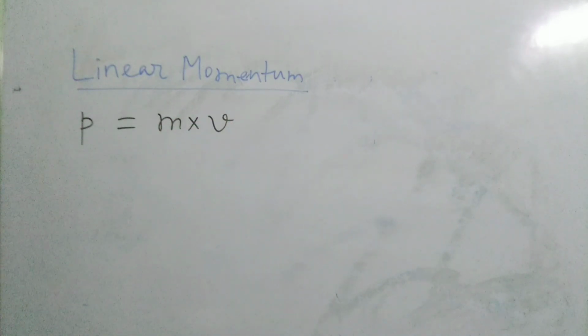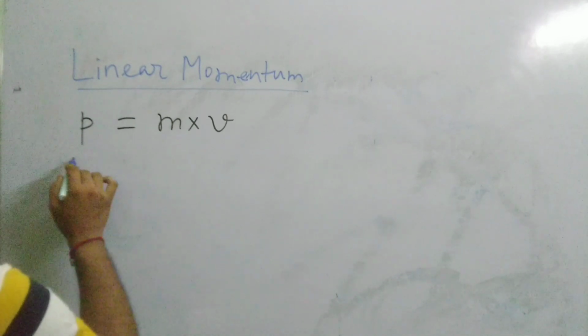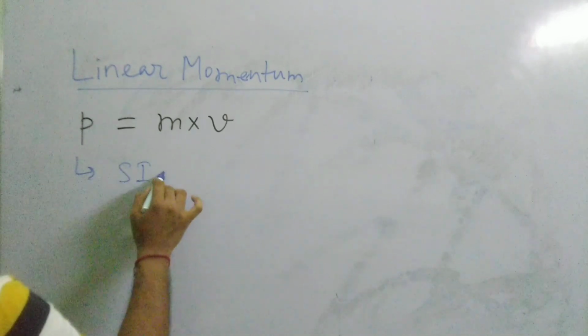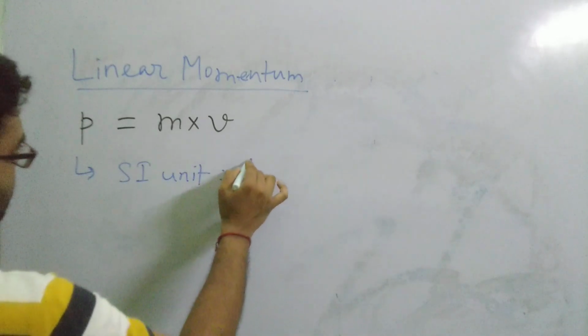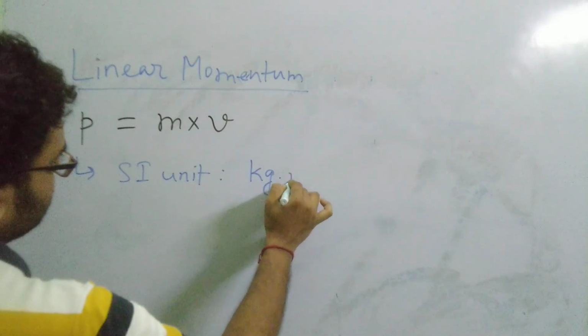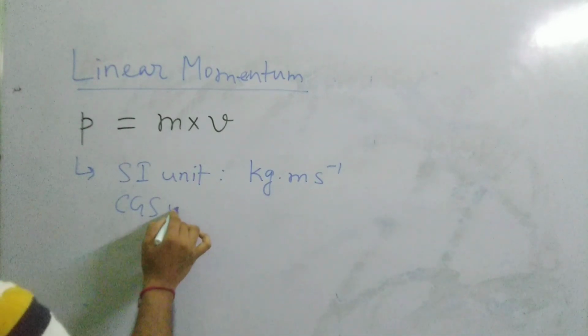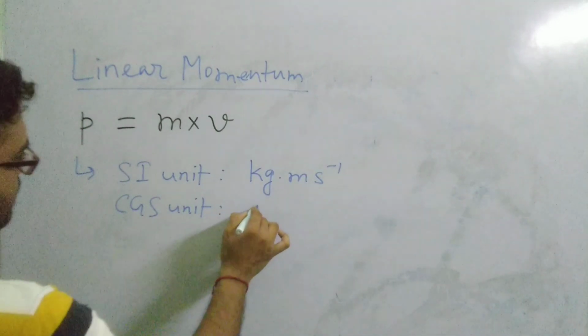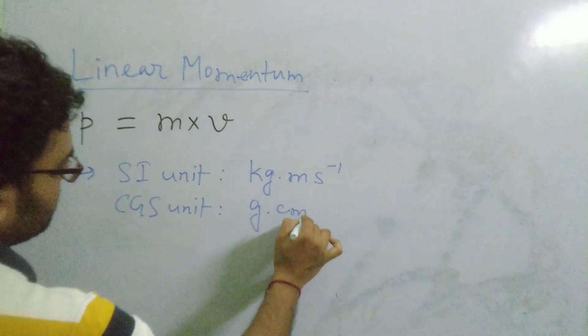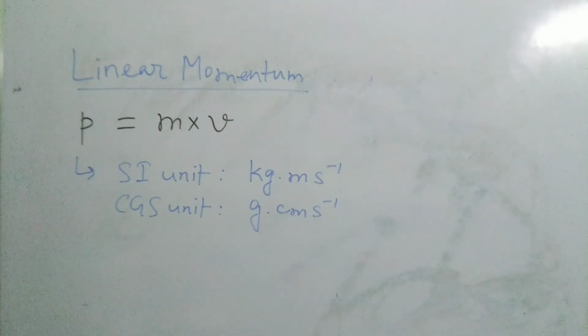If we talk of the SI unit of linear momentum, what is the SI unit? Basically, its SI unit is kg meter per second. Or if we talk of the CGS unit, then it is gram centimeter per second. So these are the two units.